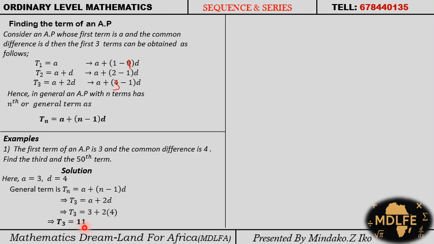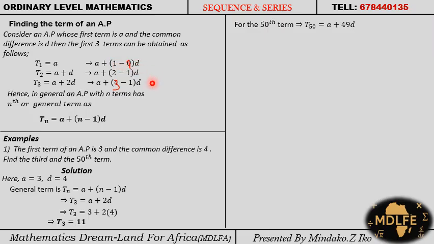So that is it for T3. Please, this is for ordinary level students, and I hope the video is well simplified. Now that is our third term, so let's look at the 50th term. T50 equals a plus 49d, according to the procedure up here, since the term you drop in the part containing d by 1.